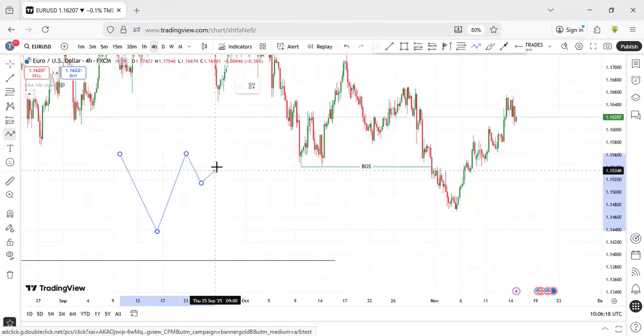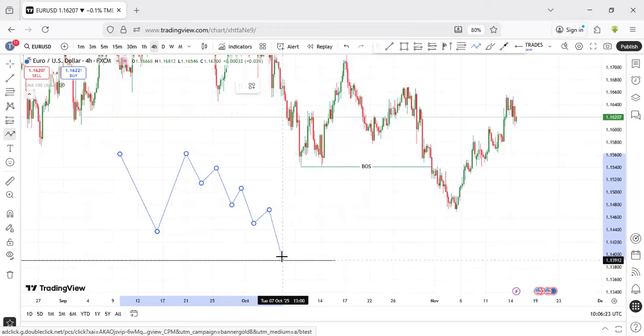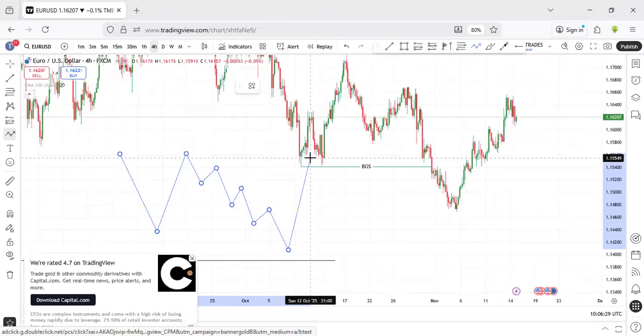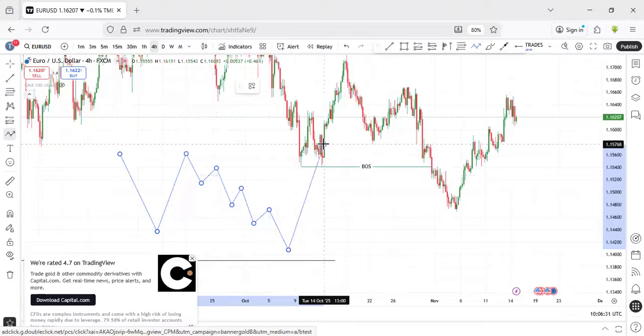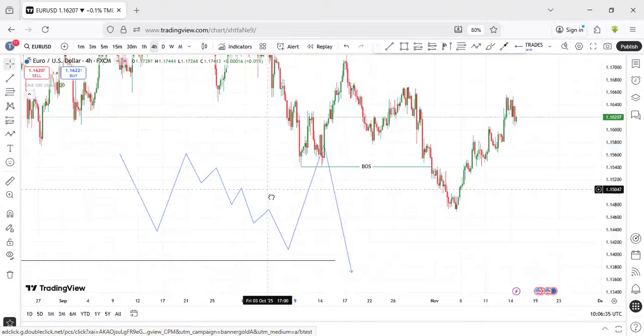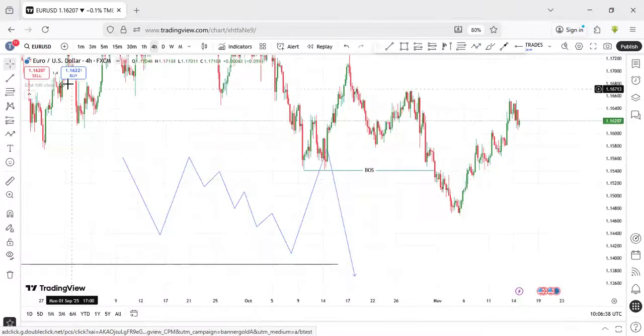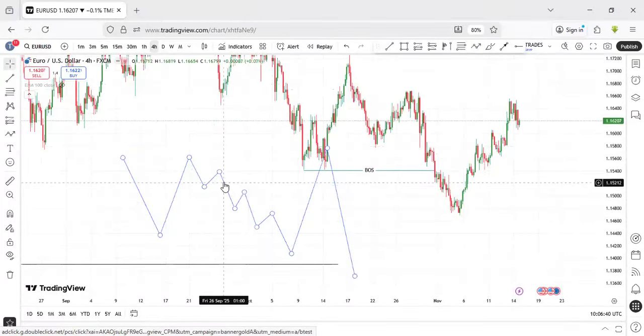When it starts going for a break of structure, it will create something like this before finally breaking this particular structure. After the break of this structure, the market always goes up to take out all the internal structures before creating another lower low. And that's exactly what EURUSD has been doing.